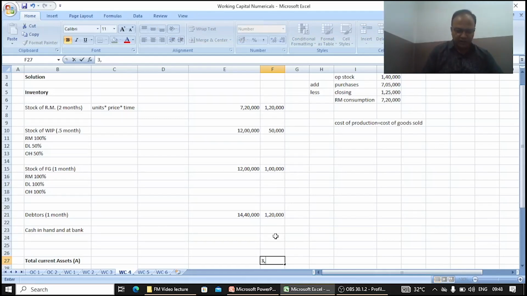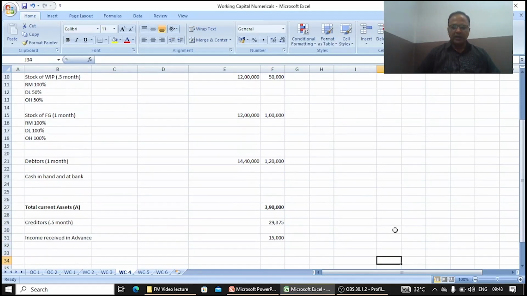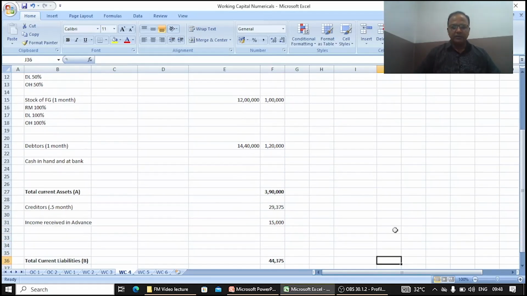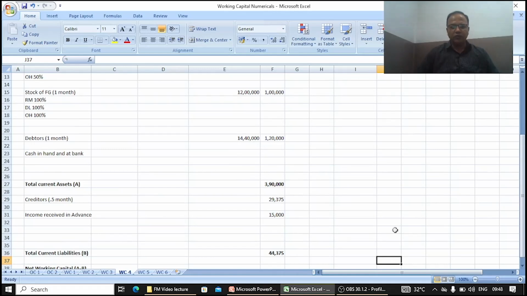Total current assets of rupees 390,000 and current liabilities are 44375. It means we have to deduct the amount of current liabilities from the current assets.